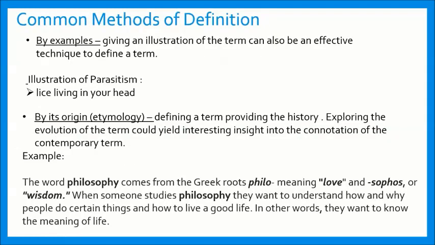But if I'm going to give an example, I would prefer to use the actual parasite, which is lice. So if I'm going to explain this to a young child, I will say, parasitism is when one lives in another organism for benefit, just like lice living in your head, because they are sucking your blood.